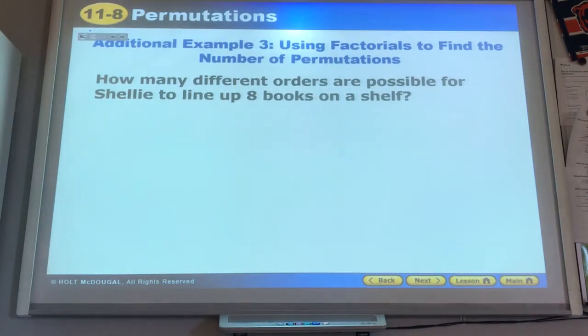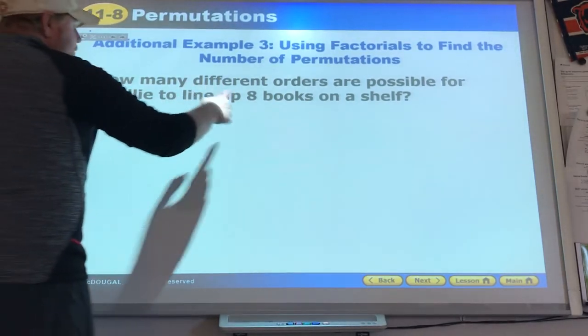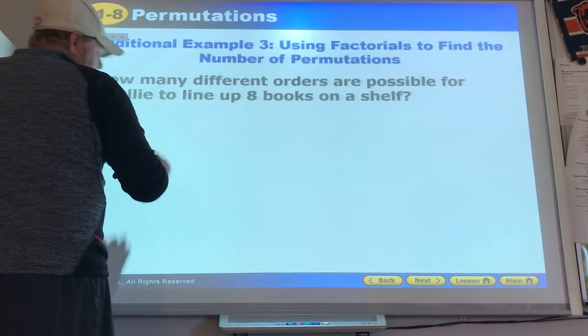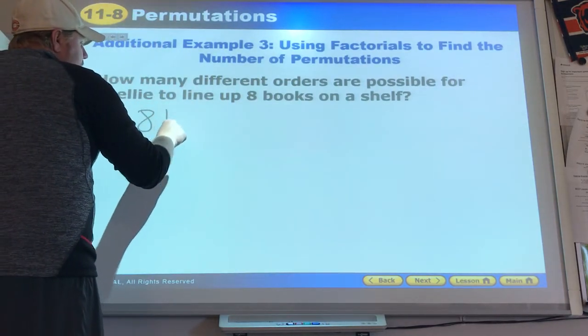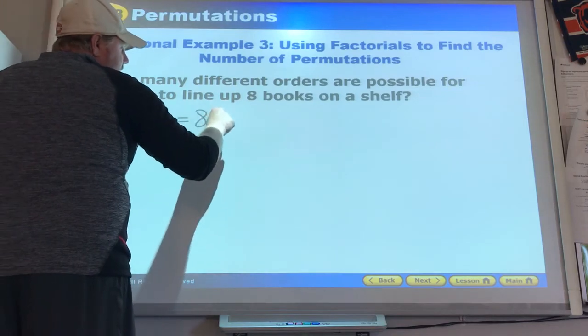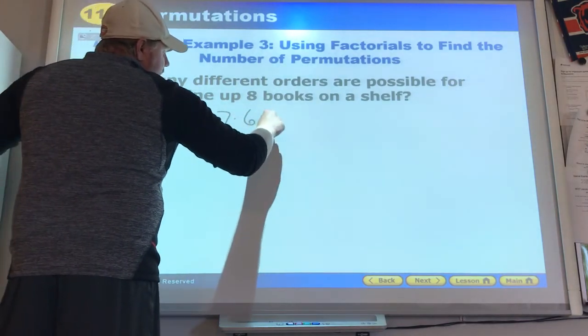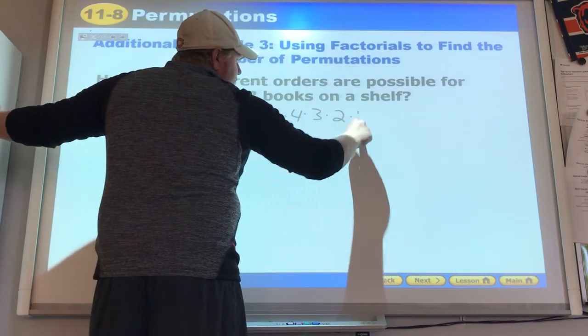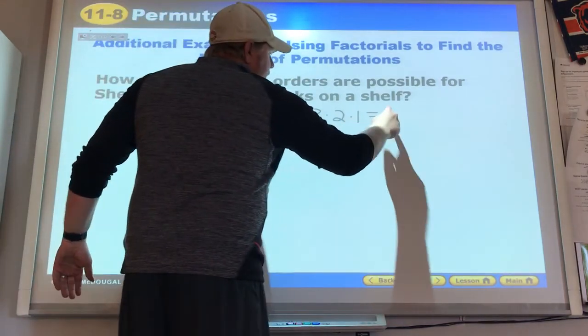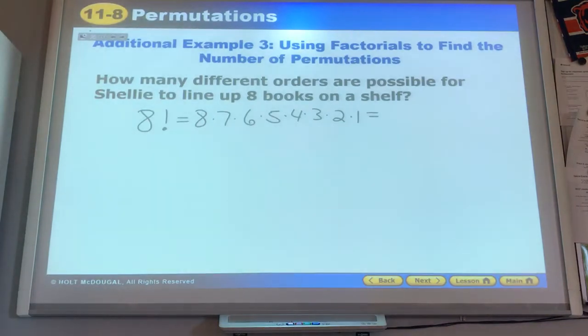How many different orders are possible for Shelley to line up 8 books on a shelf? There are 8 different things to choose from, so we think 8 factorial, which means 8 times 7 times 6 times 5 times 4 times 3 times 2 times 1, and we will get a big answer.